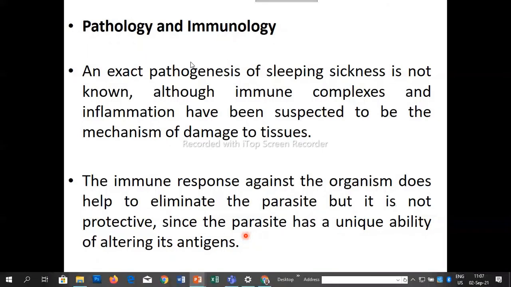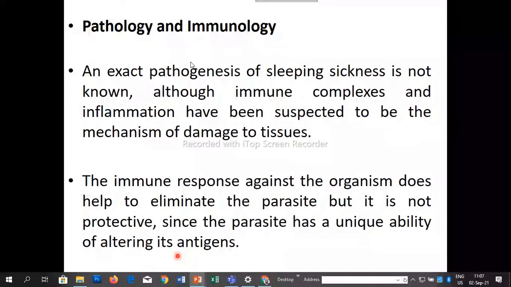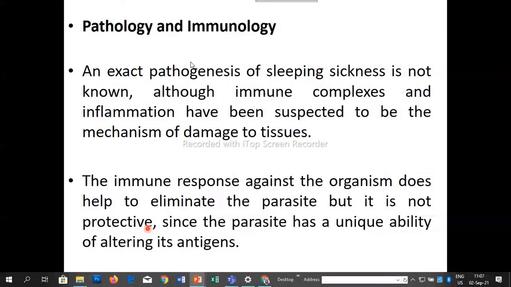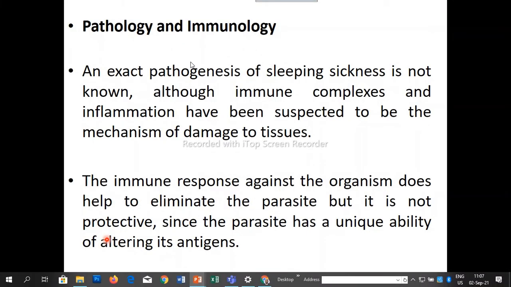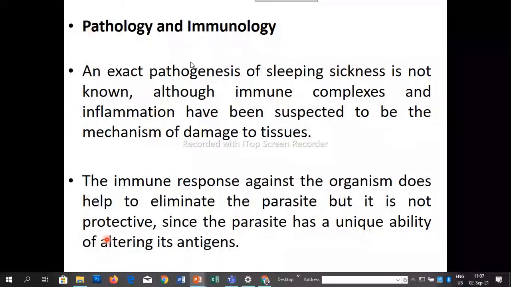So it is the same for the parasite: it alters the surface proteins or surface antigens. Those antigens are normally recognized by the immune system. So once they are changed, they are not recognized. They will escape immune recognition. So that's how they evade or escape immune recognition.